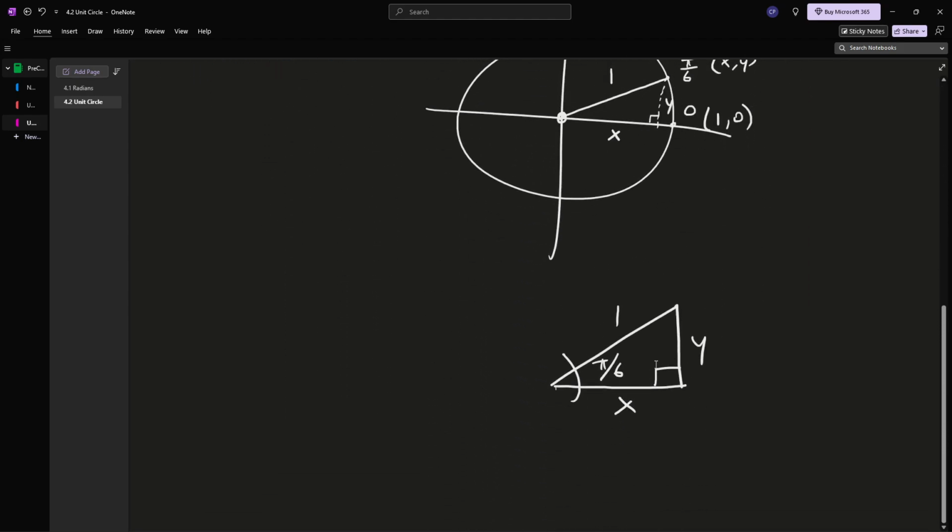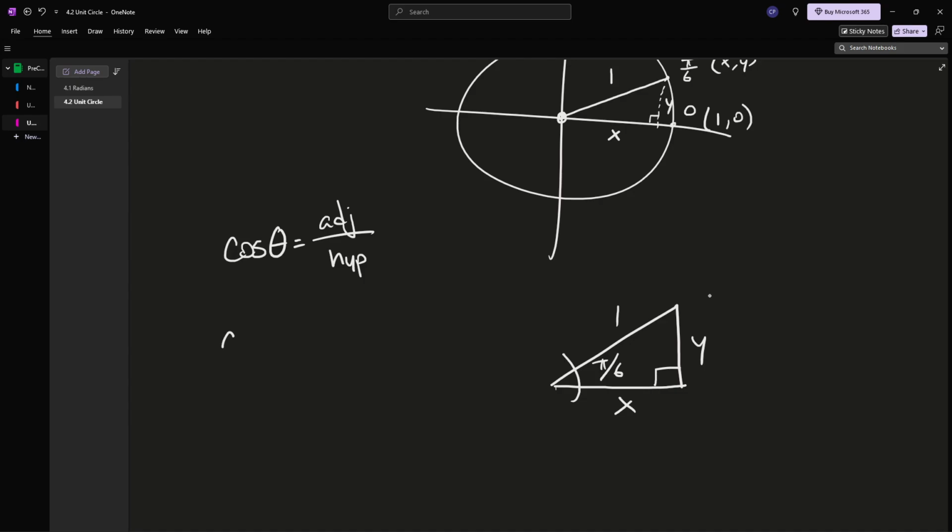So in order to find x, I have my theta, my angle, I need my adjacent, my x, and I know my hypotenuse. So we end up with cosine of theta equals adjacent over hypotenuse.